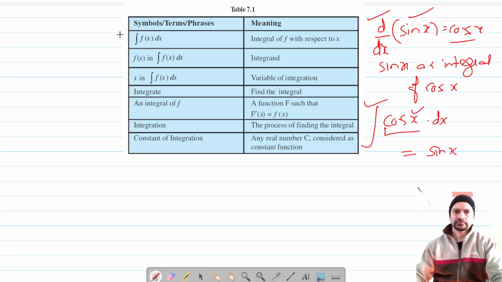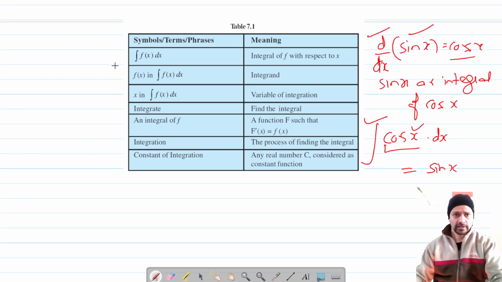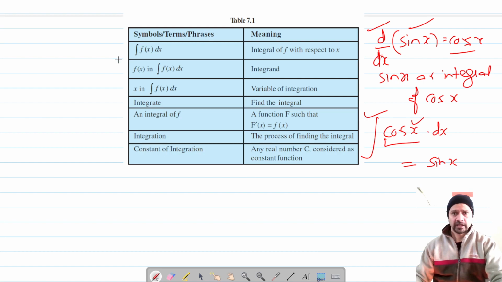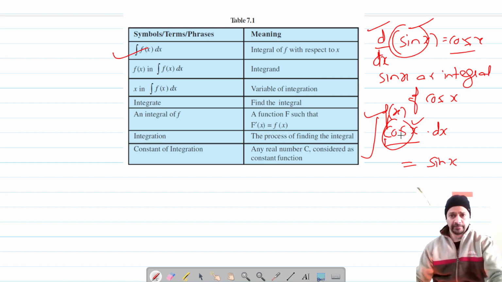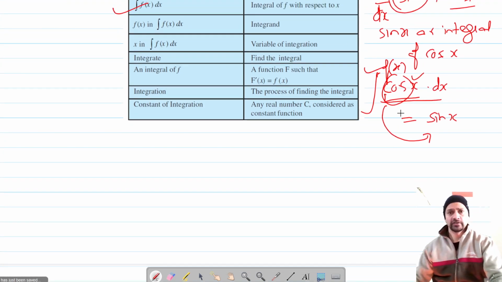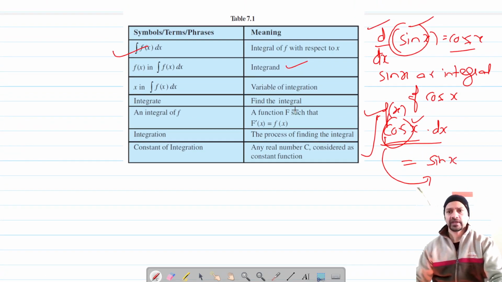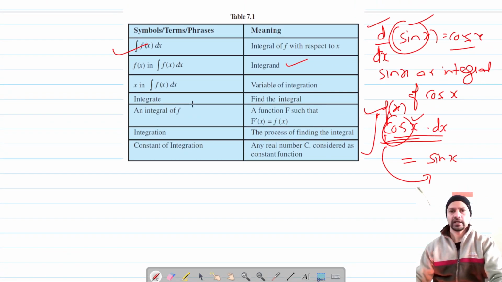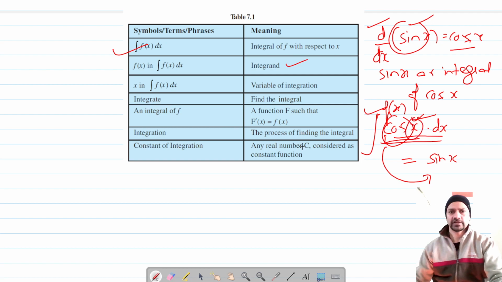That's how we denote the integral of a function with respect to x, where this is our function f of x. The function for which we have to find the integral is called the integrand. So cos x is our integrand, and x is called the variable of integration.